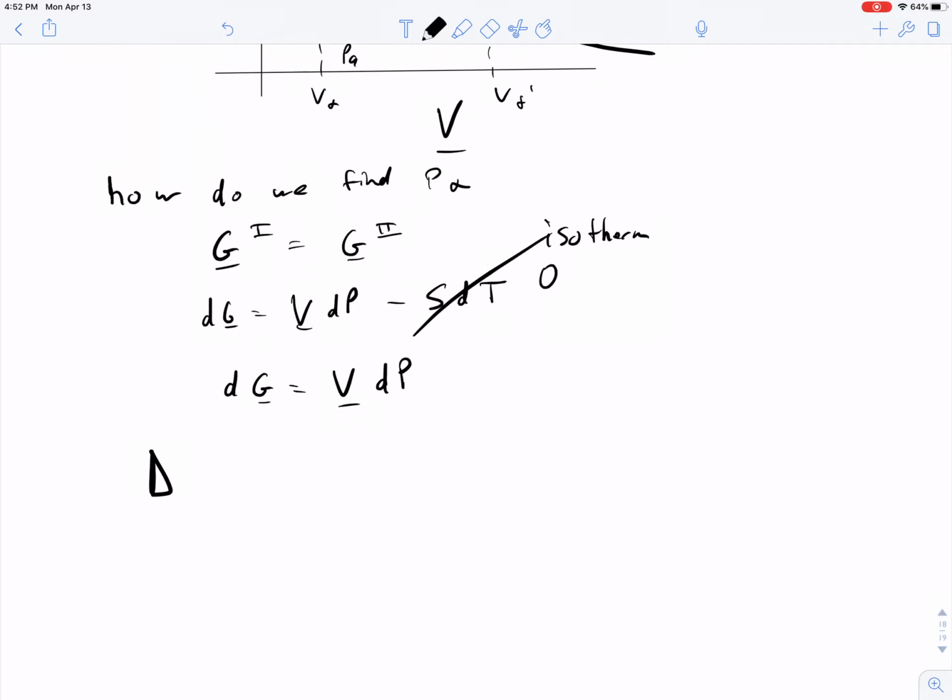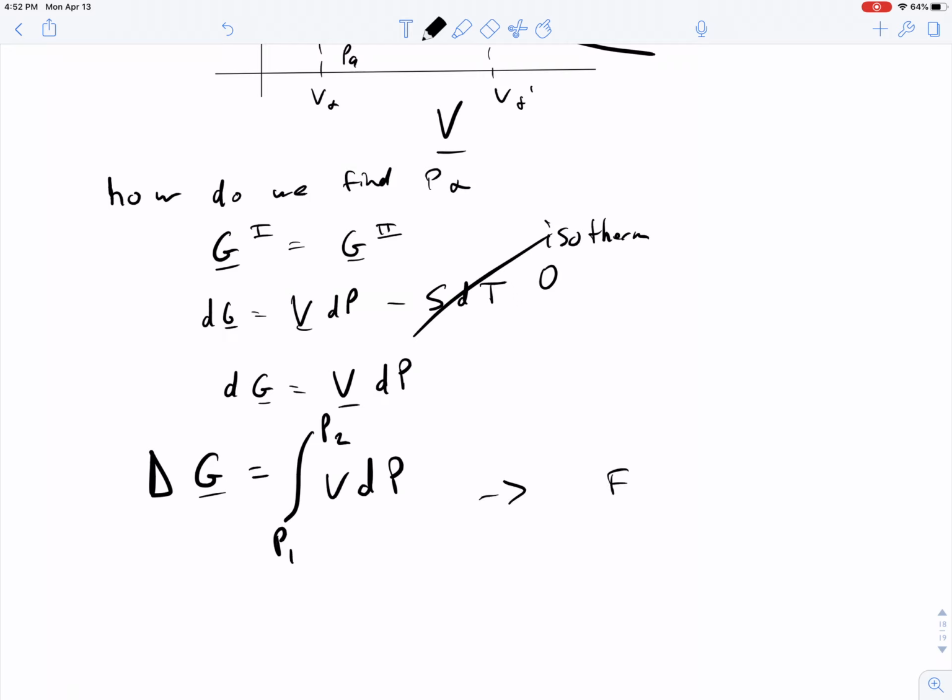So delta G, that's dG. So delta G between two pressures on this chart is going to be calculatable. It's equal to the integral from P1 to P2 of V dP. This tells you the change in the Gibbs free energy going from one pressure to another.